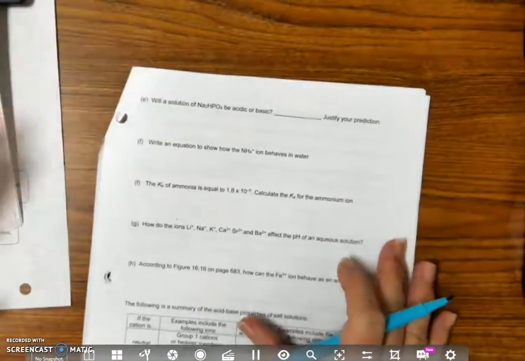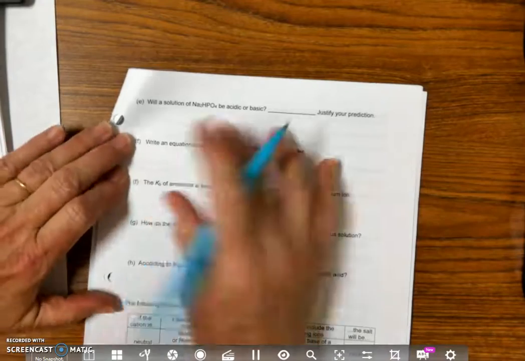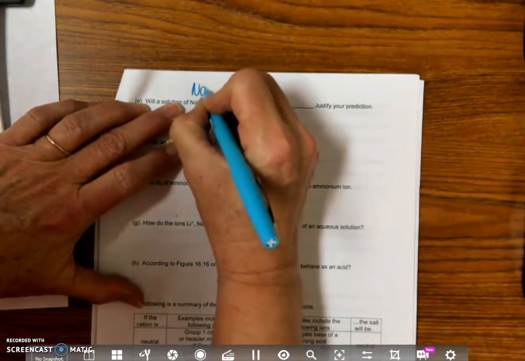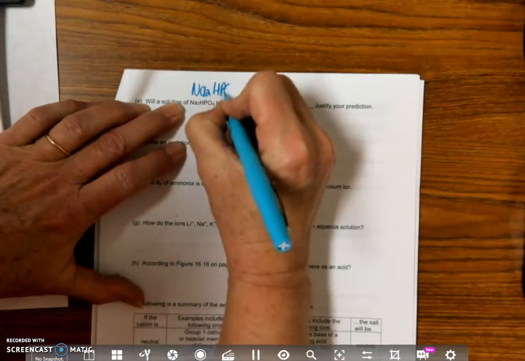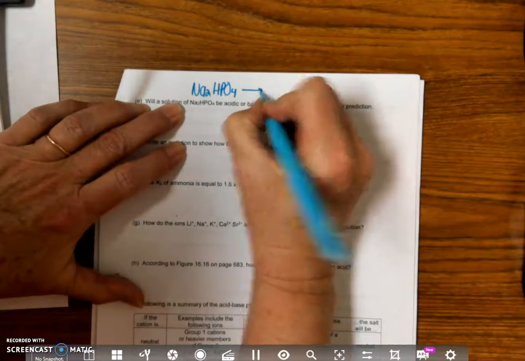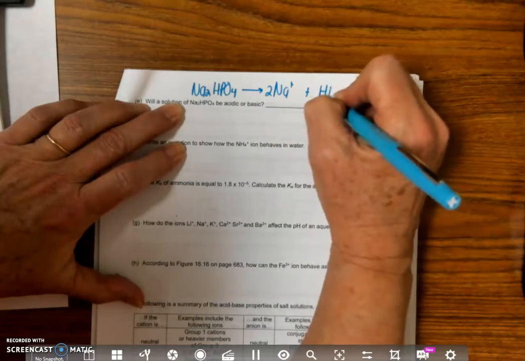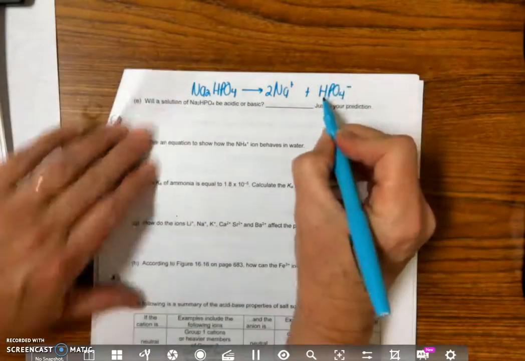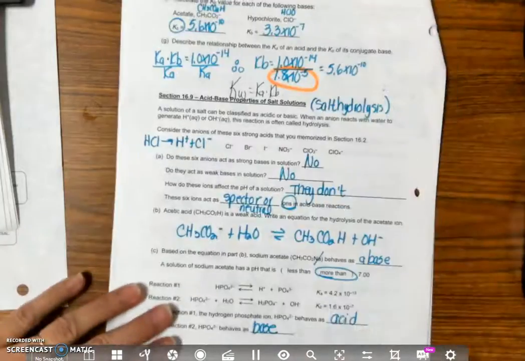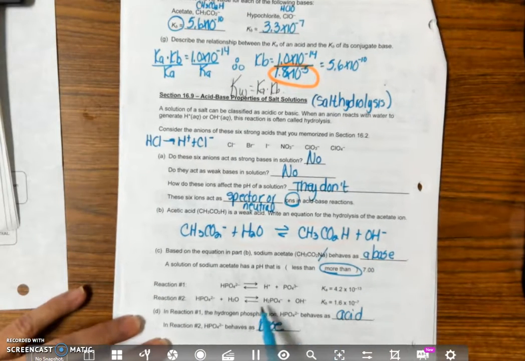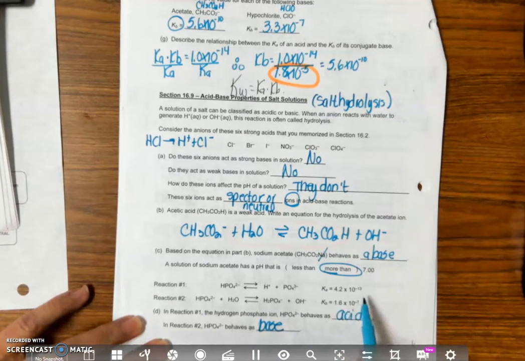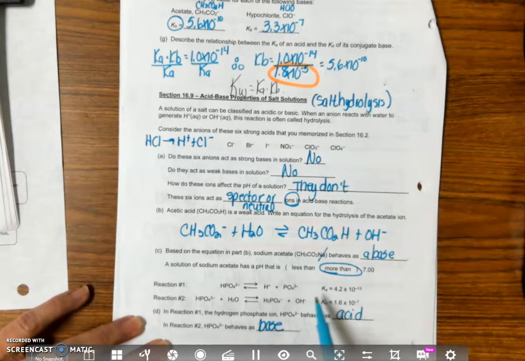So if I take sodium hydrogen phosphate and put it in solution, I get 2 sodium plus HPO4 2-. What's it going to be? Is this going to be acidic or basic? Well, I can look at these two quantities.